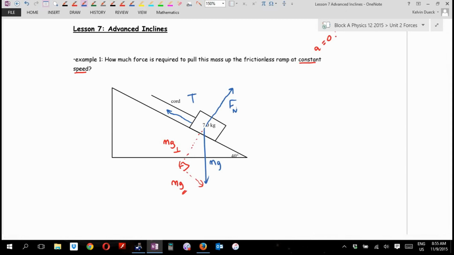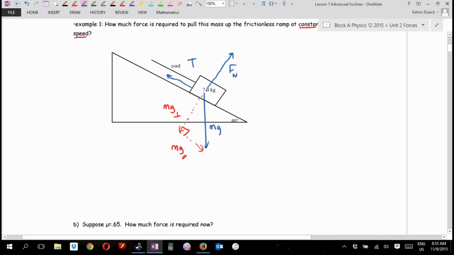But which way is this mass moving? So we don't get confused, let's let up be the winner, because that way the winner is at least the same direction that we're moving, since it's a tie. So tension is the winner, and minus mg parallel. That's the loser.